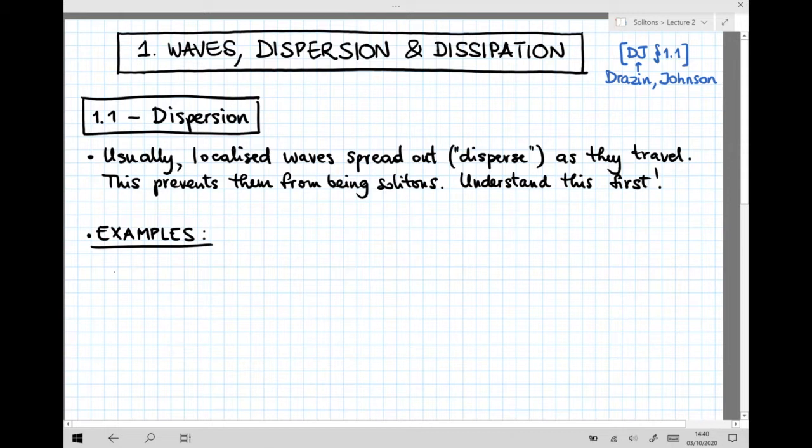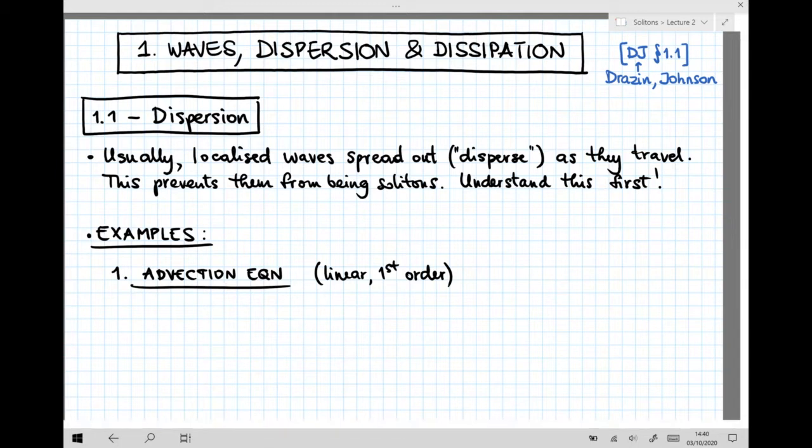So the first equation that we'll look at is the so-called advection equation, which is a linear first-order partial differential equation in two variables, x and t. So we'll always use one variable x for space in one dimension, and then there will be t for time.